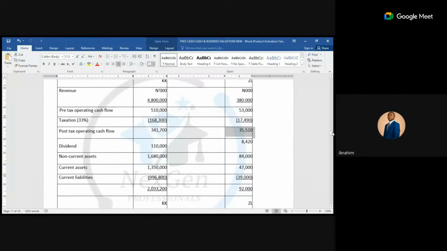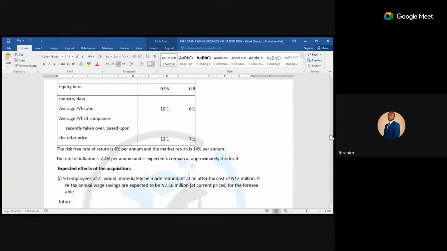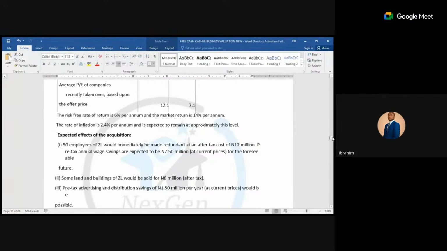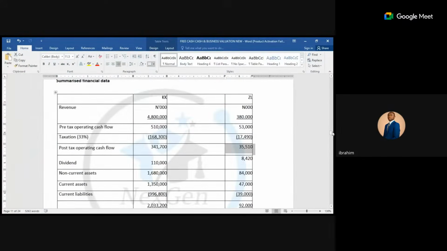After this, we need to consider the effects of acquisition. Who will pay the staff redundancy fee? They have to include it in the valuation so that KK PLC can pay. This is the present value of future cash flow for 10 years.